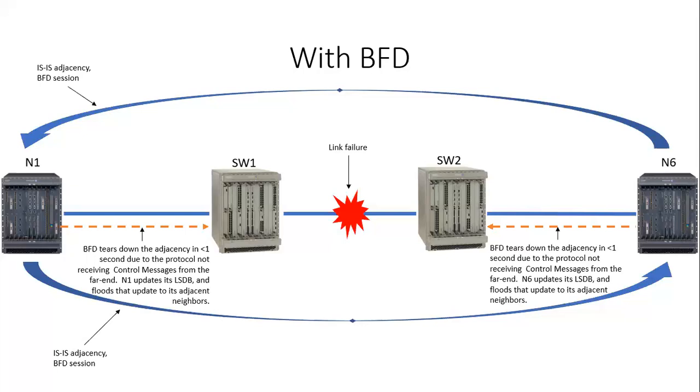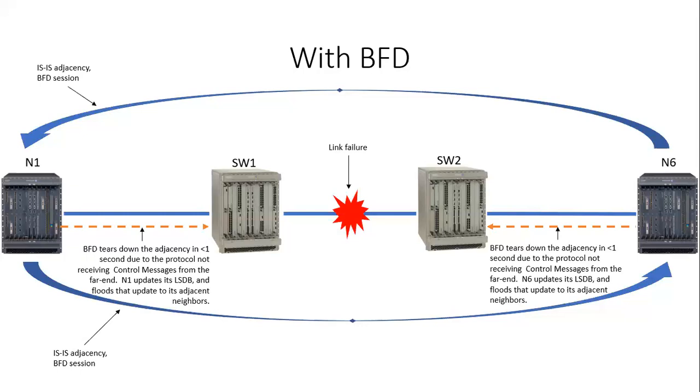And it sends these control messages at such a high frequency that the detection time for bidirectional forwarding detection is extremely low, sub-second. Some devices can be tuned to sub 50 millisecond detection time.